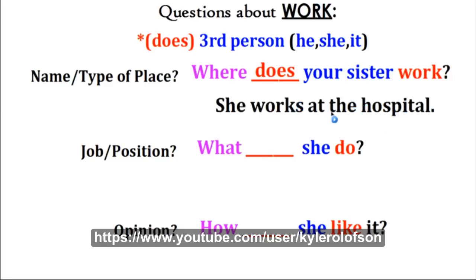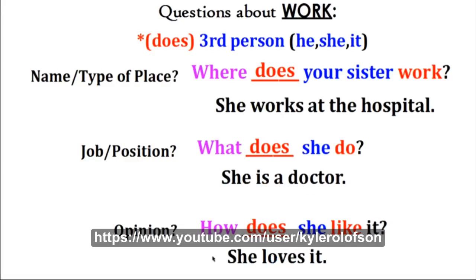The place. The position or job: what does she do? She is a doctor. And the opinion: how does she like it? She loves it. And remember, it is the job. Very good.